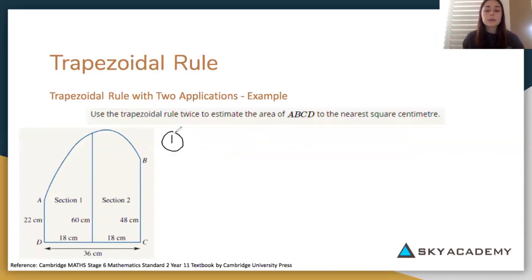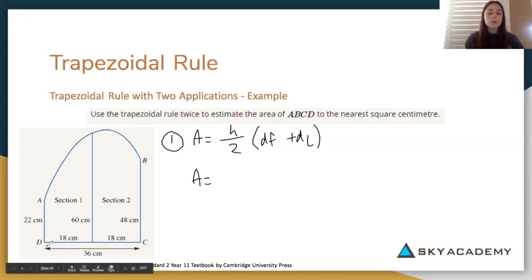So our first application of the trapezoidal rule will be for section 1. So our area is going to equal h on 2 times by distance of the first plus distance of the last. So our area is going to be h, which is represented here by the long line, but 36 is the distance from D to C. If we're breaking it up into 2 sections, we need to break that up into 2 as well.